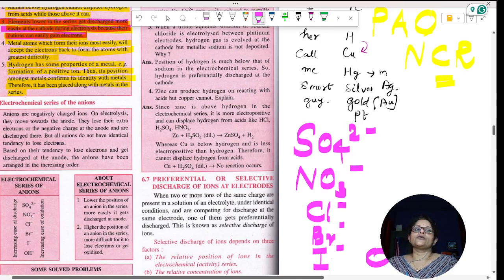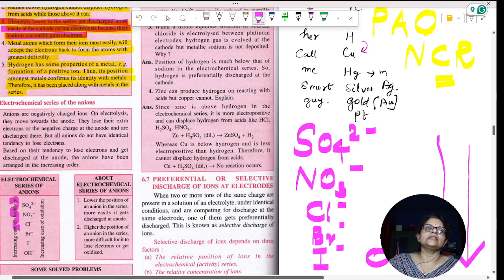In this case, going down, there is increasing order of oxidation, increasing order of discharge. It is written over there. Can you see? Yes.